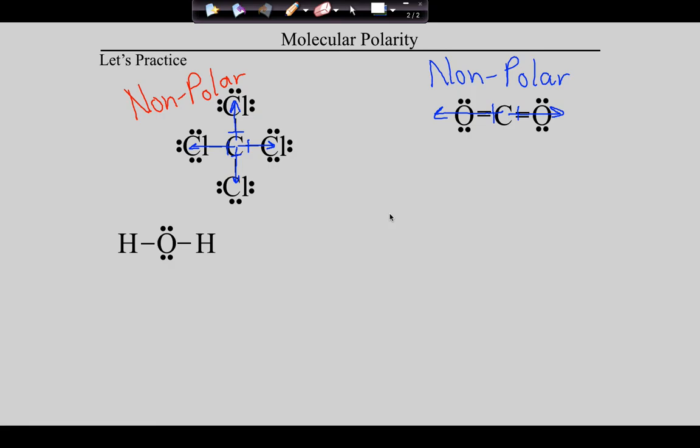Okay, guys, so here we've got water. If you're wondering, guys, why did we talk about drawing these things three-dimensionally accurate? The conversation goes like this. Oxygen is more electronegative than hydrogen, right? Yeah, it is.